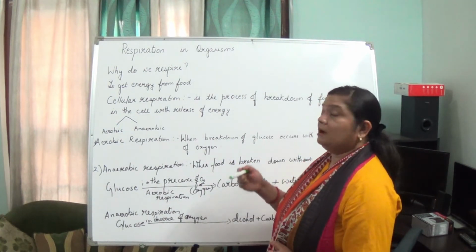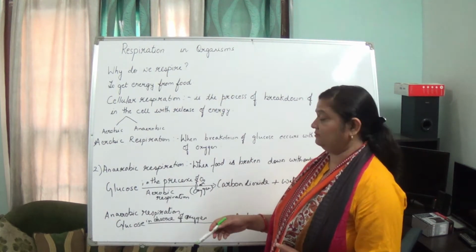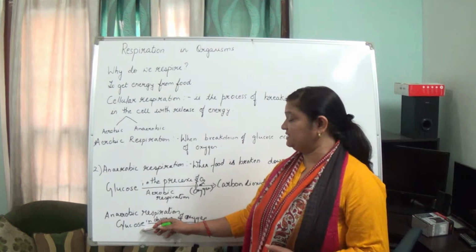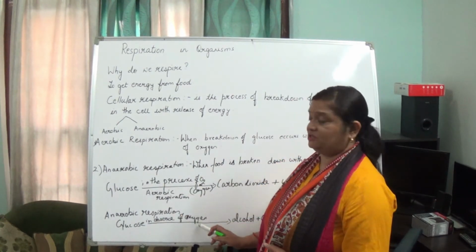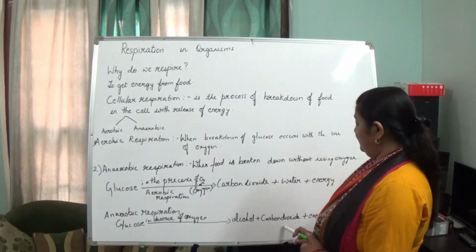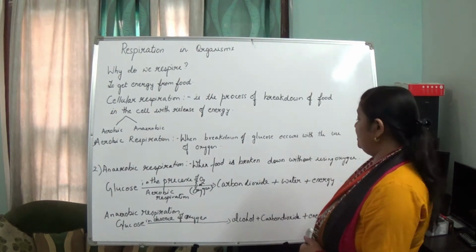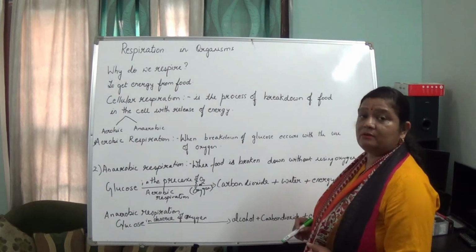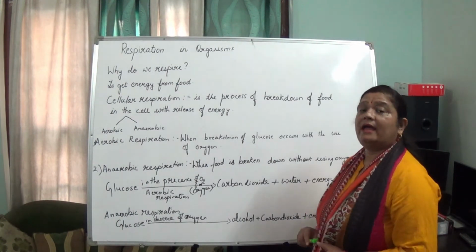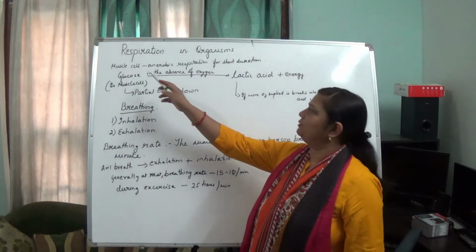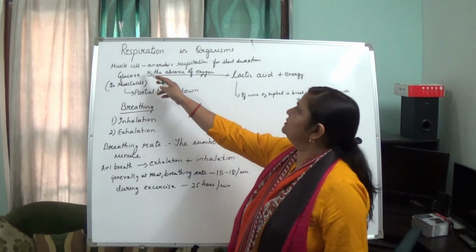In yeast, the glucose in their cells, in the absence of oxygen, is converted into alcohol, carbon dioxide and energy. The energy liberated here is less than in aerobic respiration.